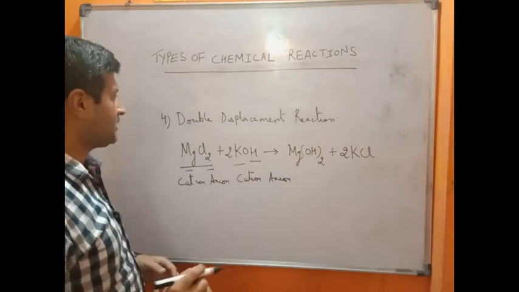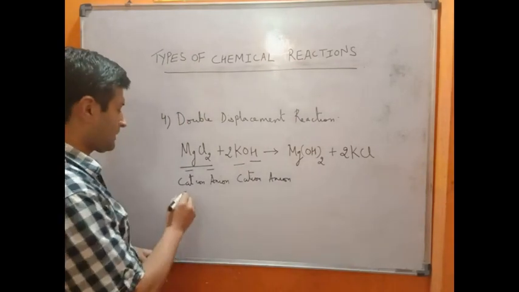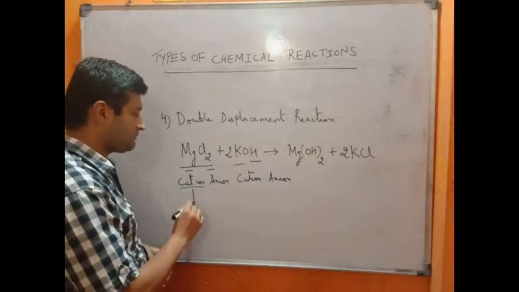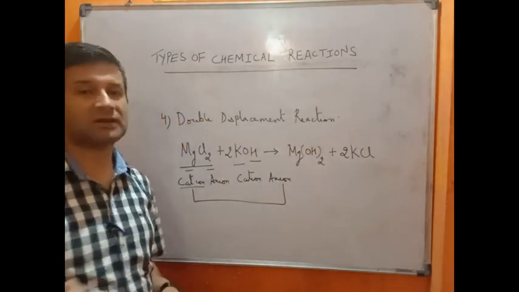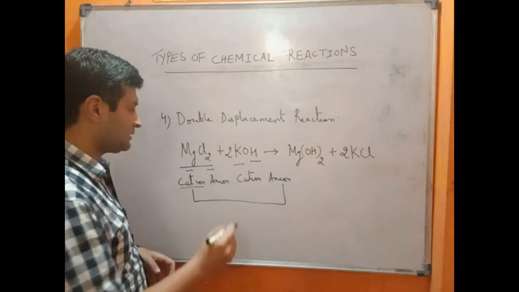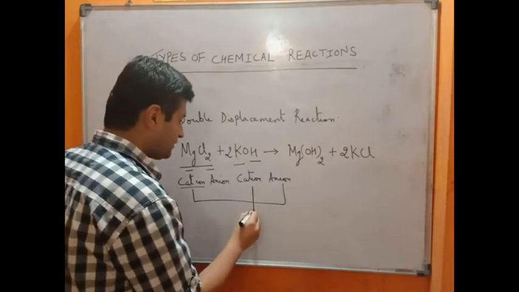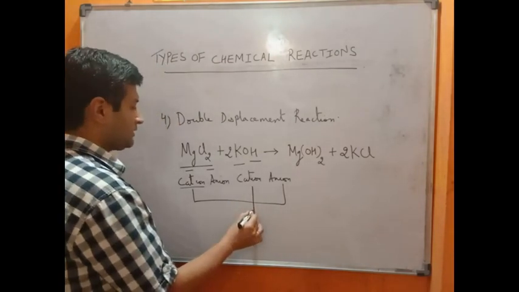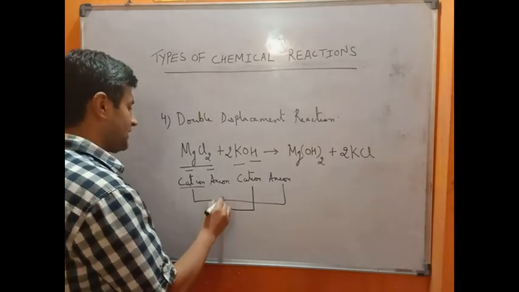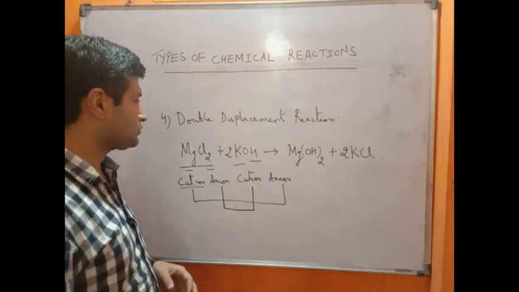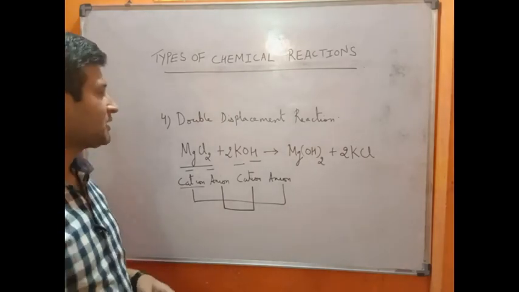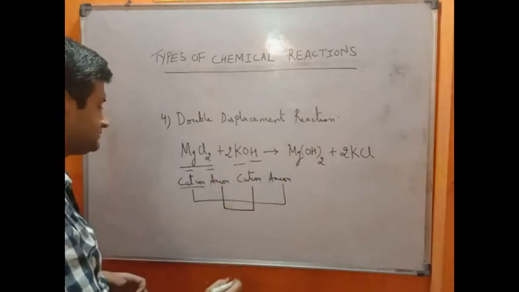So, in double displacement reaction, the cation of one compound combines with the anion of the other compound, and the cation of the other compound combines with the anion of the first compound.